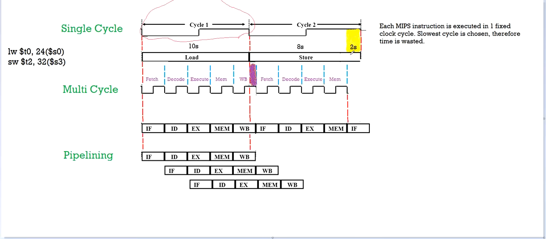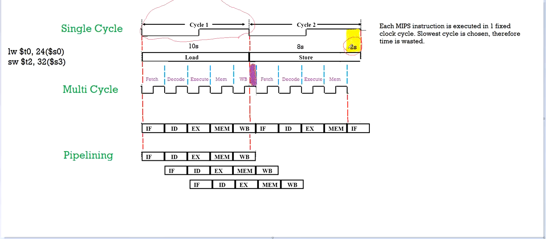In single cycle execution, no matter how many instructions you have, always the slowest instruction is going to be chosen, and there's always going to be this small wastage because these instructions finish in 8 seconds and the clock cycle will keep on going for another 2 seconds. So this part here, it's the idle time, it's the wastage.